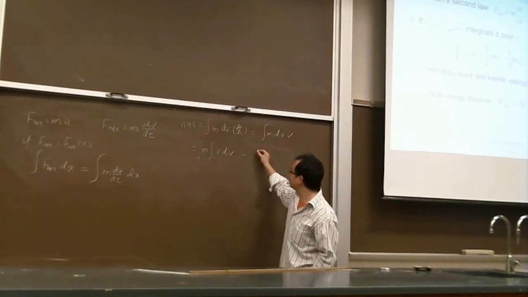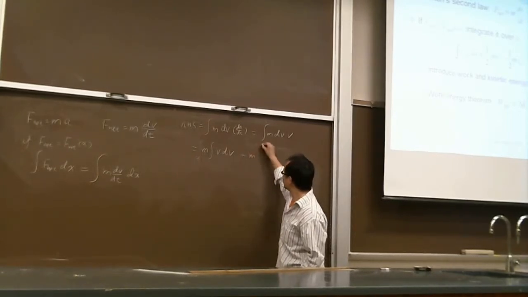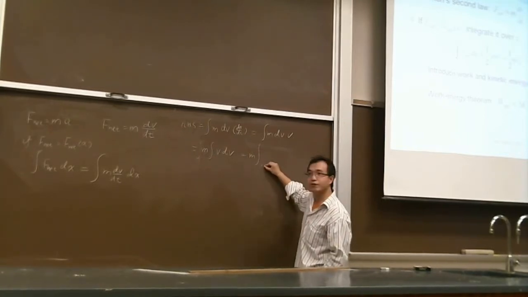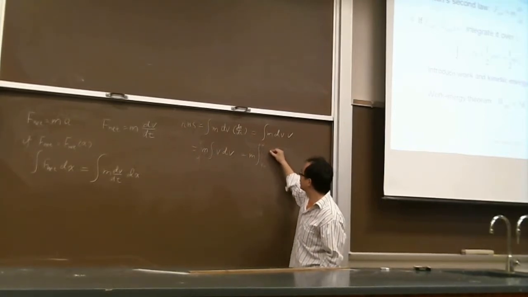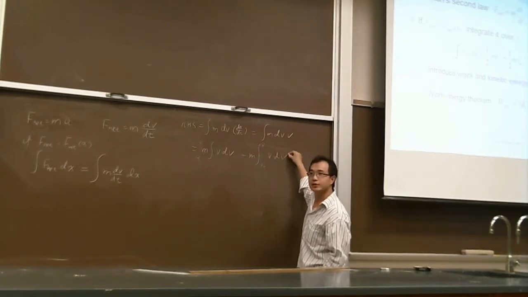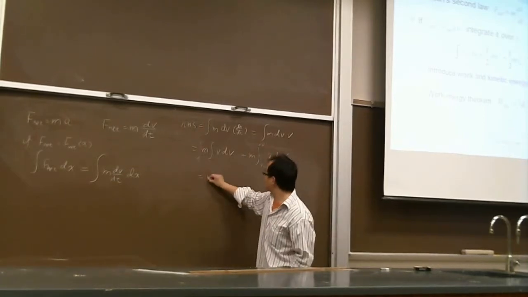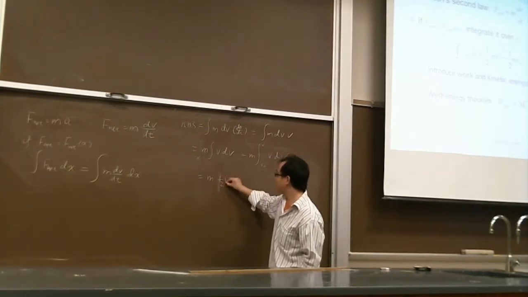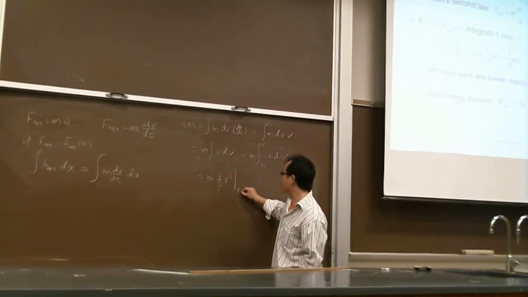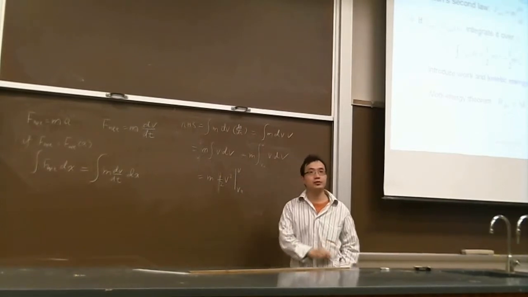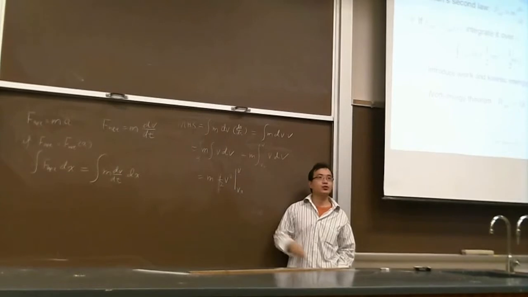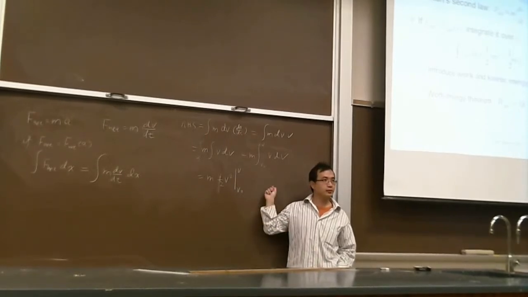Let's do the definite integral from the initial value to the final value, v dv. So this will be m multiplied by 1/2 v squared from the initial value to the final value, since the integral of v gives 1/2 v squared. Any question here?